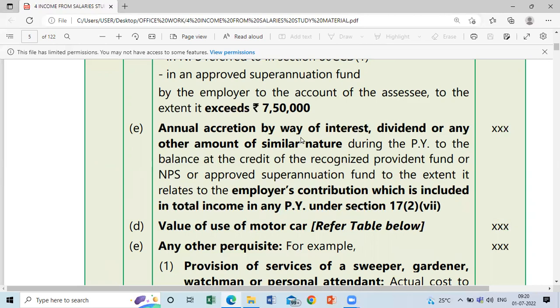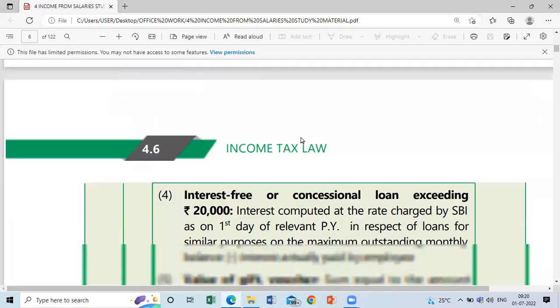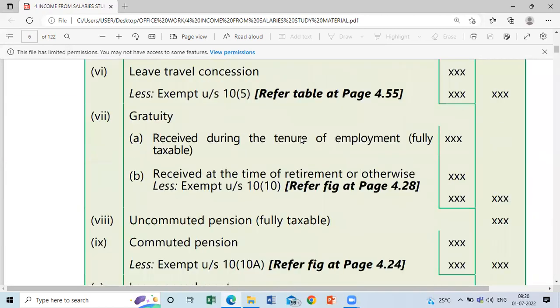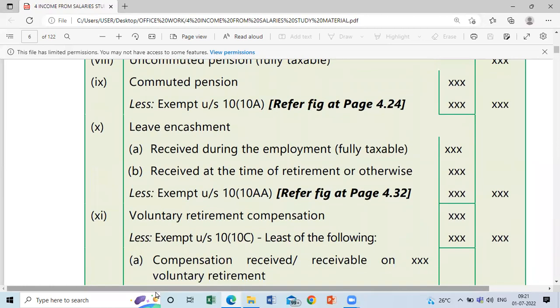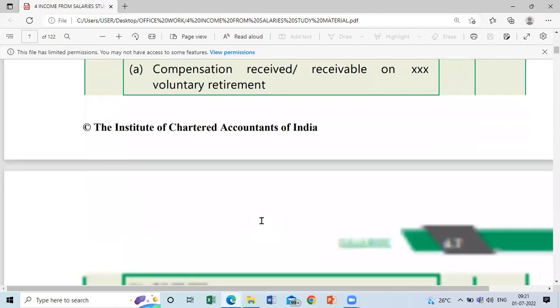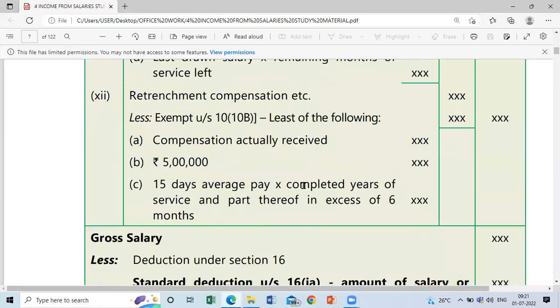All this will be taxable under this heading. I'm not discussing it particularly because it is not there in our syllabus. Check this one. Gratuity, uncommitted pension, committed pension, leave encashment of salary, voluntary retirement compensation, retrenchment compensation.